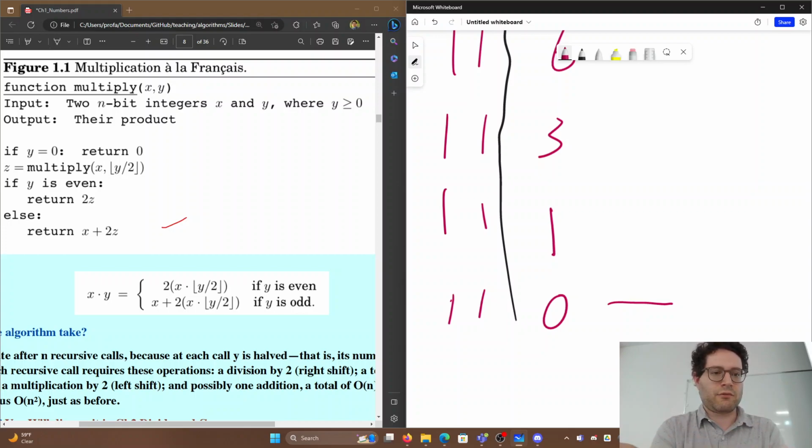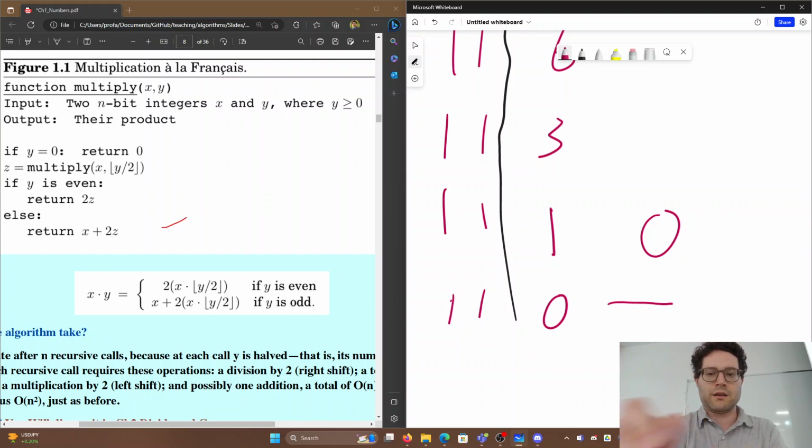If y is equal to 0, return 0. Okay, so now we've got that back. Now we're over here where x is equal to 11, y is equal to 1, and we just got back z is equal to 0. If y is even, return 2z. Otherwise, return x plus 2z.